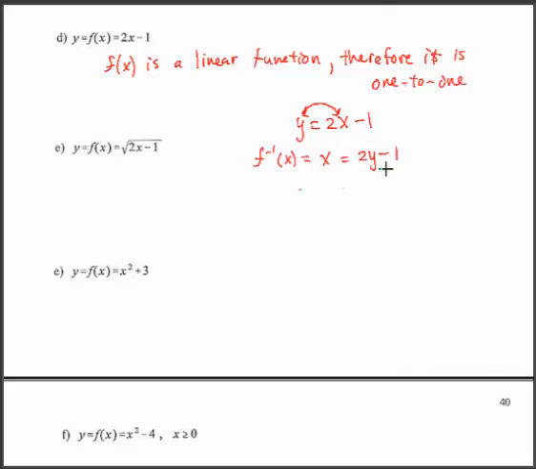So if I added 1 to both sides, I would get x plus 1 equal 2y, and then if I divide by 2, I would find the expression for my inverse function, x plus 1 divided by 2, is f inverse.